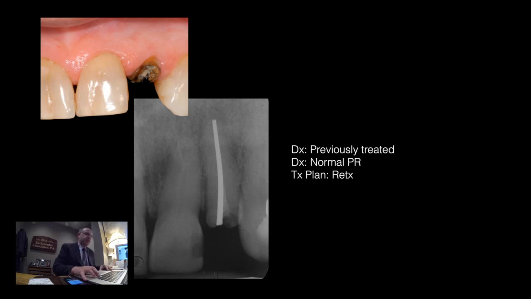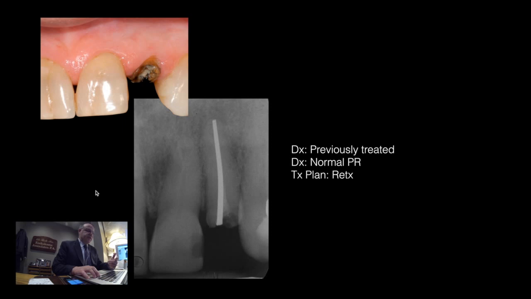Here's an example from our school, Baylor College of Dentistry, where I was recommending a retreatment on this patient. The patient didn't have any symptoms or apical periodontitis, but the chief complaint was, I lost my crown, and the periodontium was actually very healthy. So the plan, because this is a silver cone, as you can see here, is hard to prepare a post space.